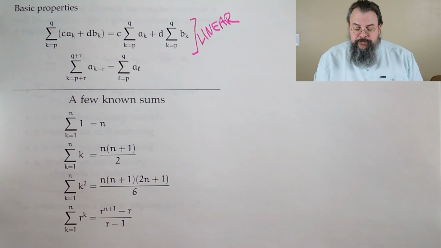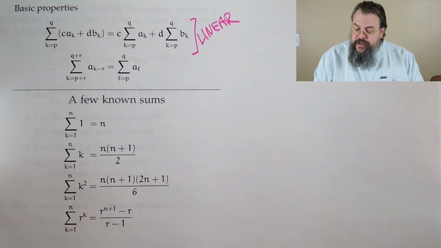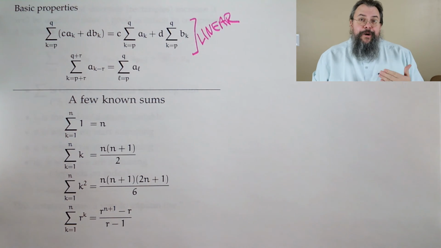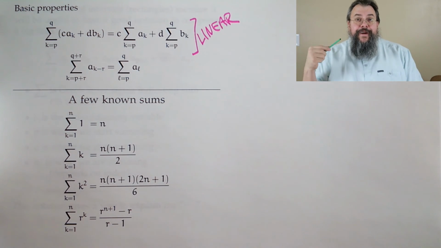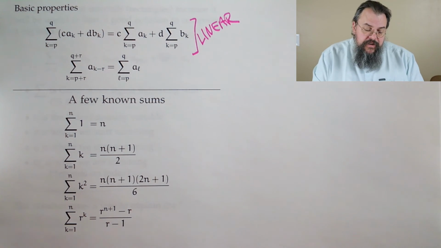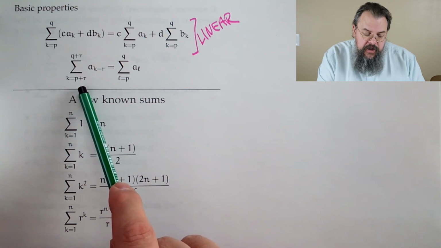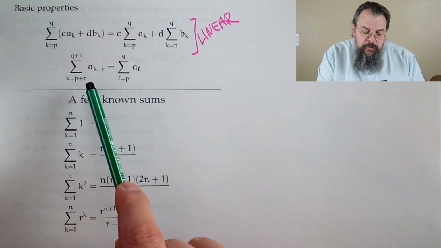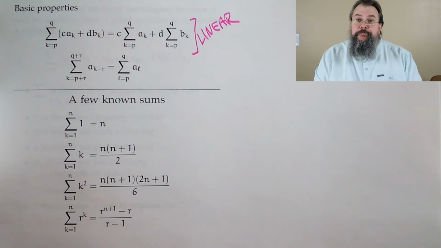Now, the other basic property we should mention, and we won't rely on it too much, but it's nice to mention it now, so we can get it in the back of our heads for the future when we will need it. It says, suppose we start at p plus r, go to q plus r, but we have a sub k minus r.